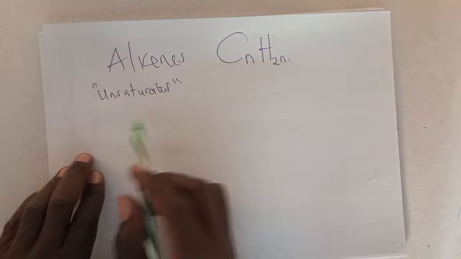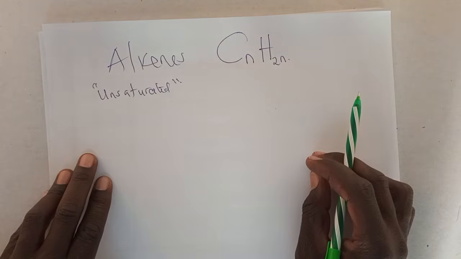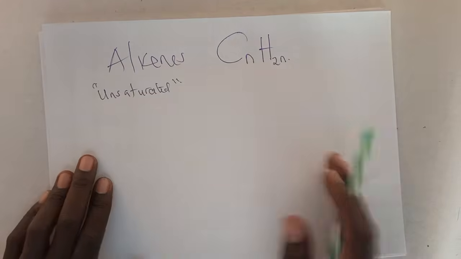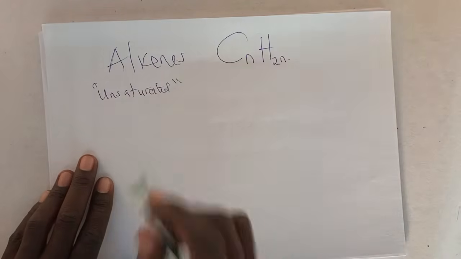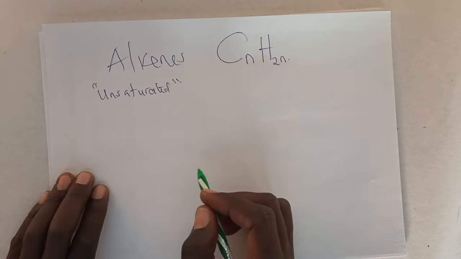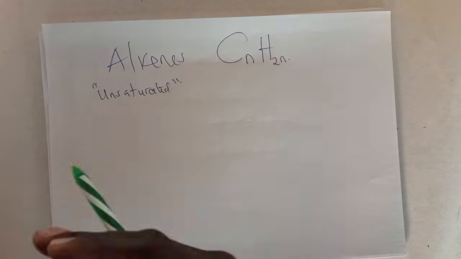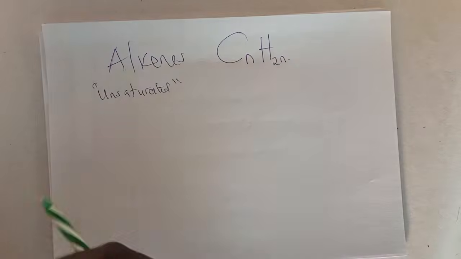What does it mean? It means that a molecule of alkene has a double covalent bond between the carbon atoms. And because of that double bond, it has not acquired the maximum number of hydrogen atoms that are supposed to be bonded with it. So because of that, it is referred to as unsaturated.